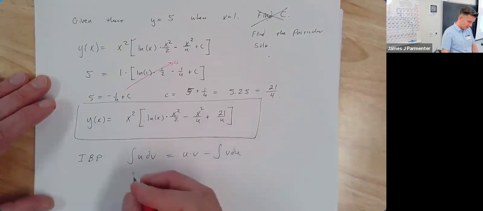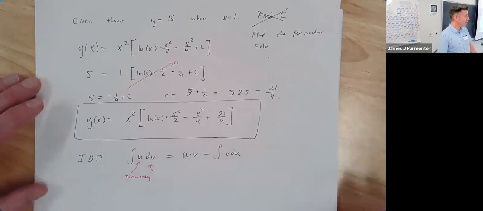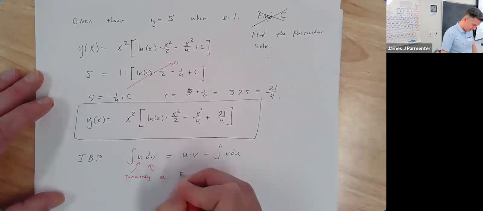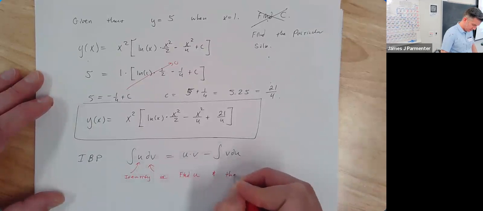And our job is to identify the u and the dv. Really, the usual process is find u and then the rest is dv. Find u and whatever's left is dv.